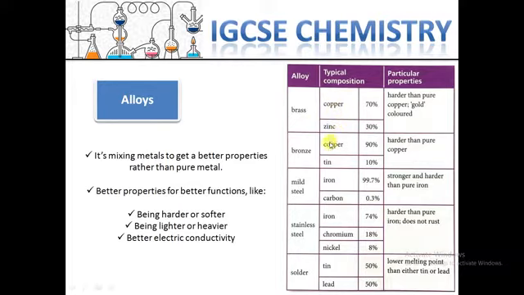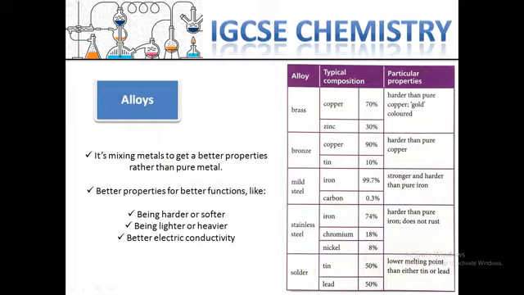The percentages are not very important, but the type of metal which creates the alloy is important, and also the particular application and the properties. You should keep these in your mind.